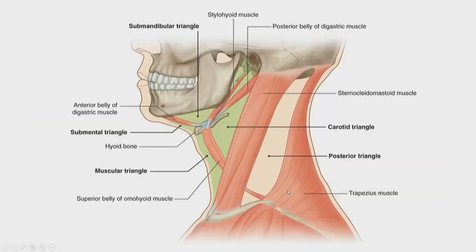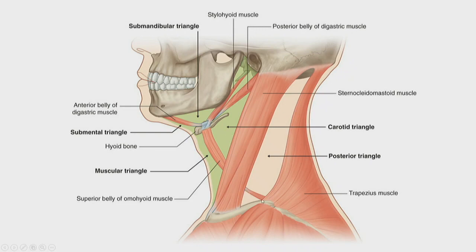Be careful, this omohyoid muscle plays a role in the division of the regions of the neck. So this is the anterior, or muscular, or omotracheal triangle of the neck. And here is a very important triangle of the neck, bounded by the sternocleidomastoid, posterior belly of the digastric, and superior belly of the omohyoid. It is the carotid triangle, extremely important.